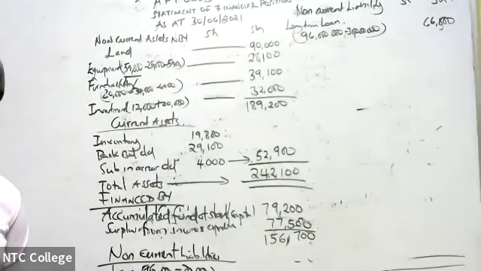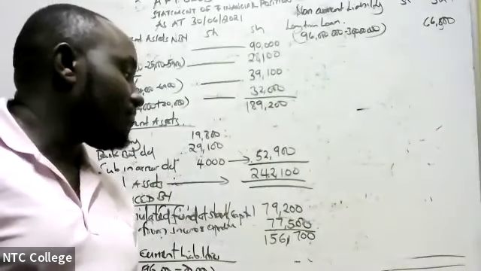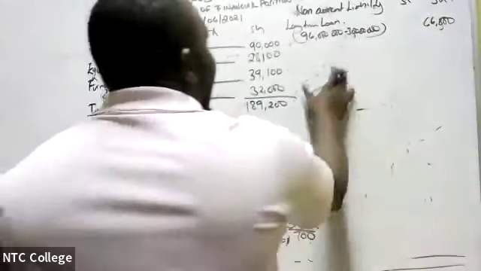I want to see what you did. Yeah, that was deducted. And so we go to the next, which is current liabilities.